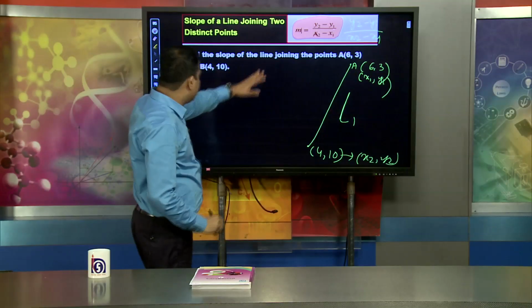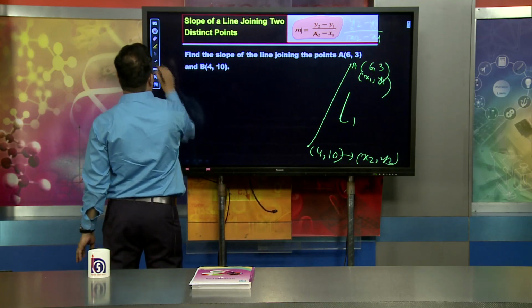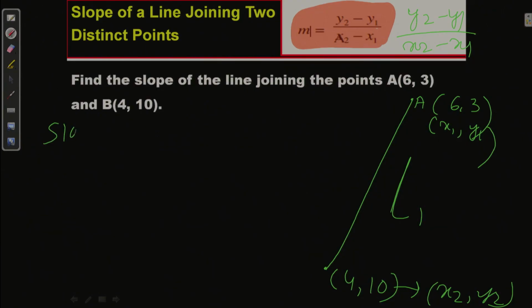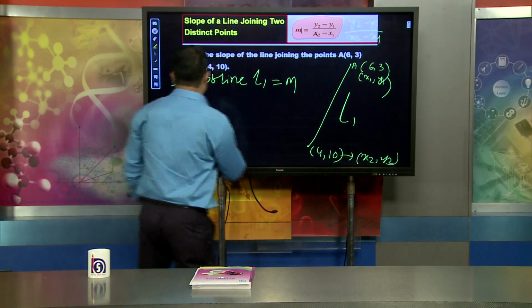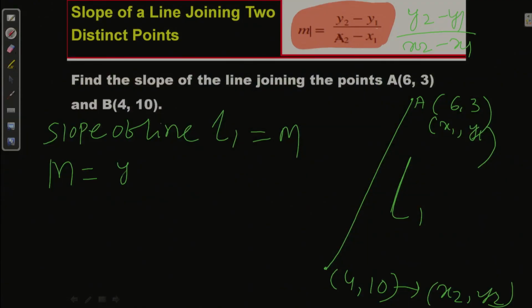Now, suppose I write the slope of line L1 as m. Then m is equal to y2 minus y1 divided by x2 minus x1, that is 10 minus 3 in the numerator.